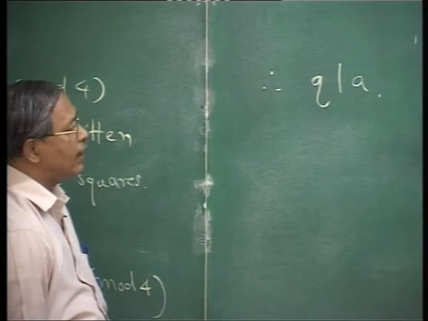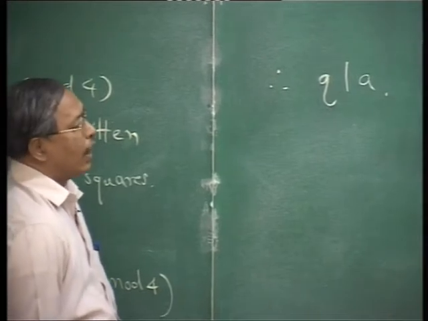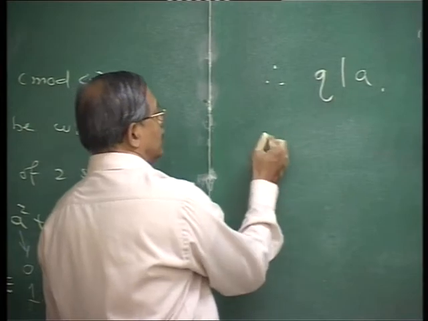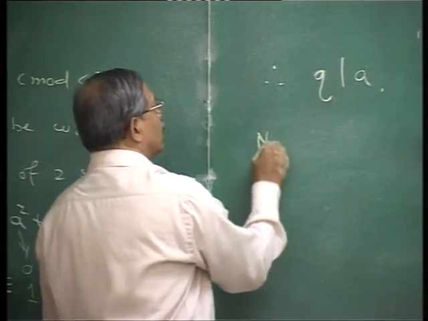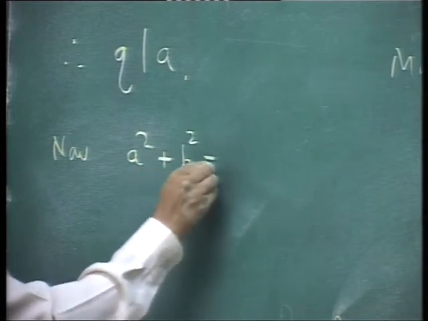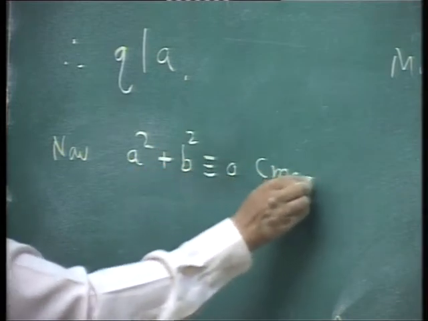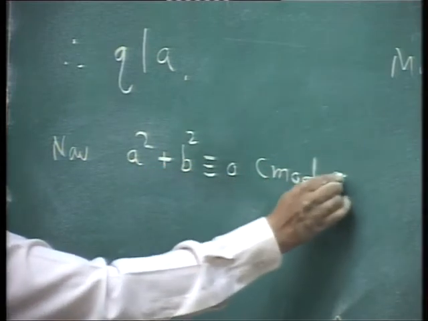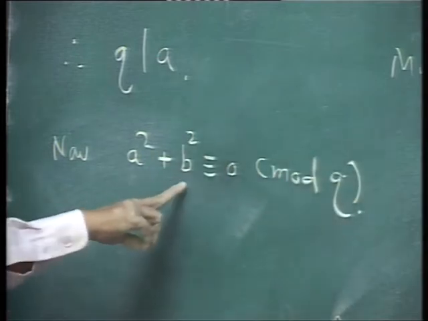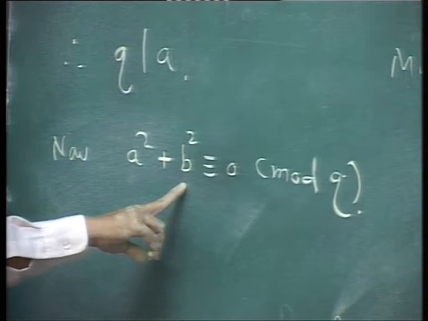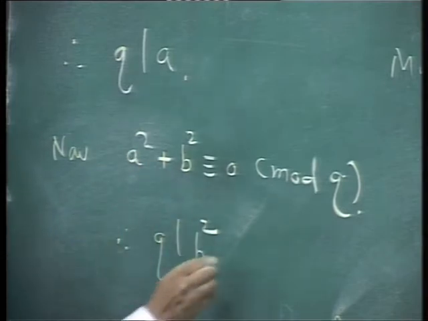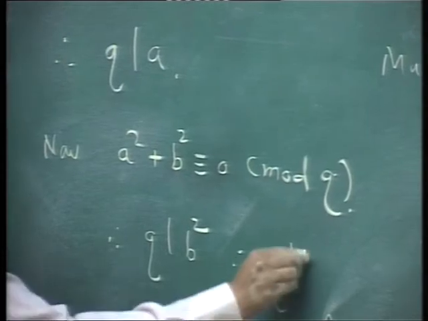And q divides a, and similarly, since a square plus b square is congruent to 0 mod q, q divides b square also. Therefore q divides b.